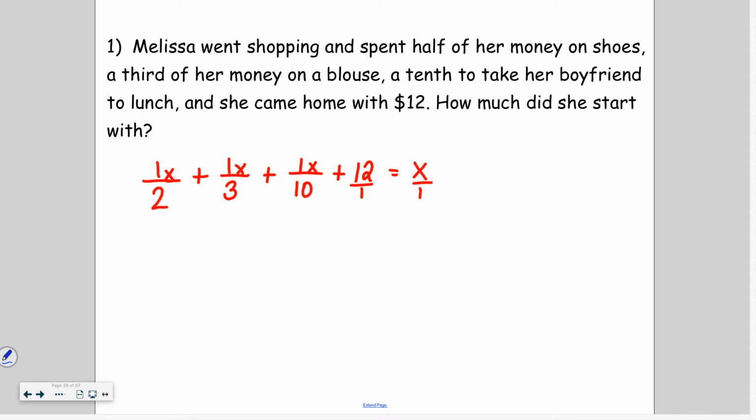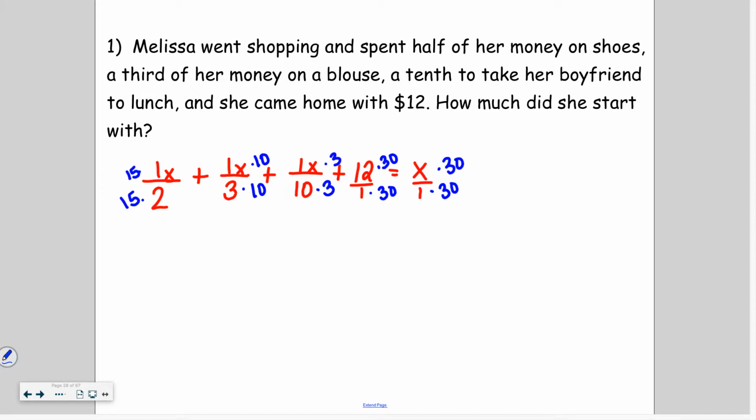So I'm going to take and multiply 2 by 15. That would give me 30. 3 by 10. 10 by 3. Now, 1 I have to multiply by 30. And again, 1 by 30.